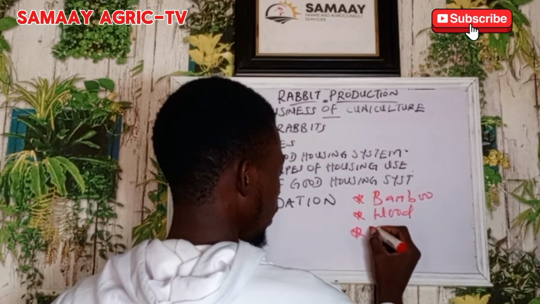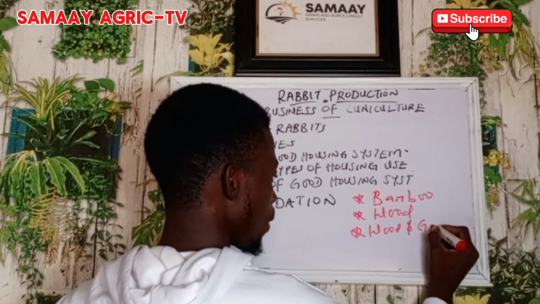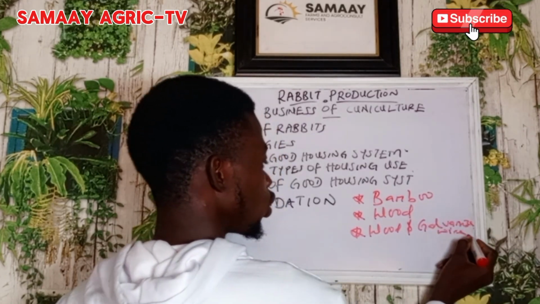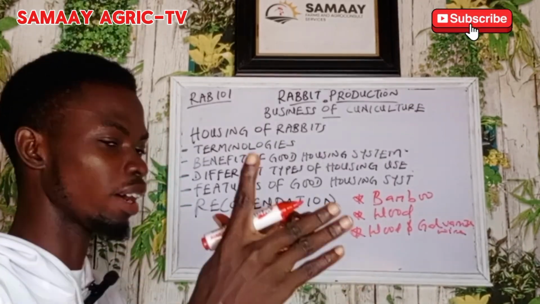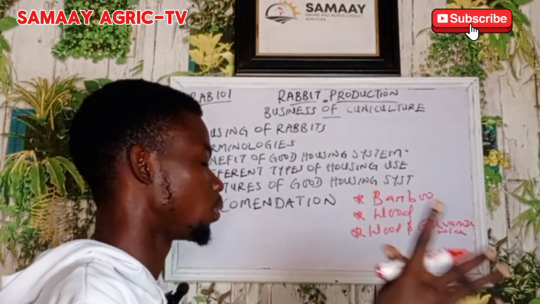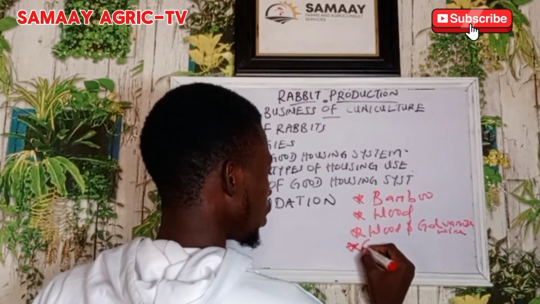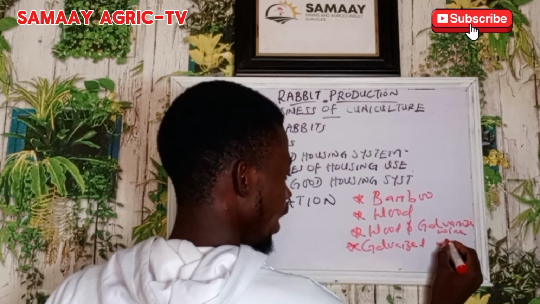You can combine wood and galvanized wire. The galvanized wire will serve as the floor, and the wood will serve as the angles of the cage. And you can also make use of galvanized wire from the beginning to the end of the cage.